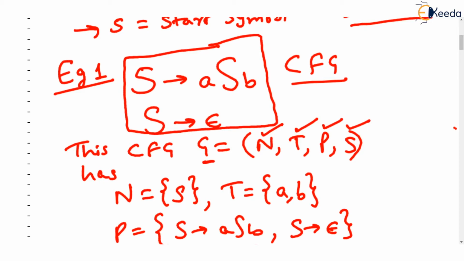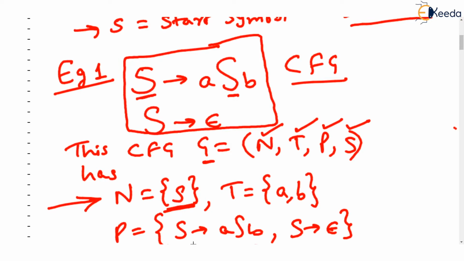Generally, or rather always, non-terminals are capital letters. Capital letters written in the grammar are non-terminals or variables. So this CFG has N, T, P, S, and N is the set of non-terminals, and you can see that there is only one non-terminal in this entire grammar, capital S.